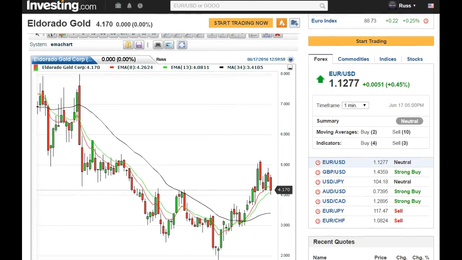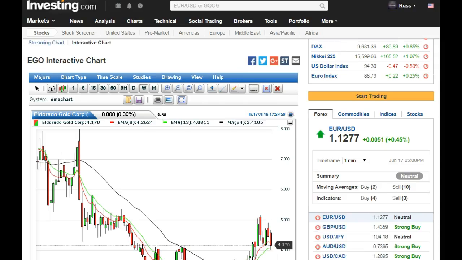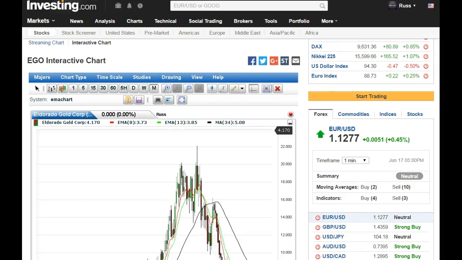But you can see on a longer term, you can see the bounces off the 13. Did close above the 8, so that's not good for a weekly chart. So it might come down, but see what happens. It needs to consolidate.